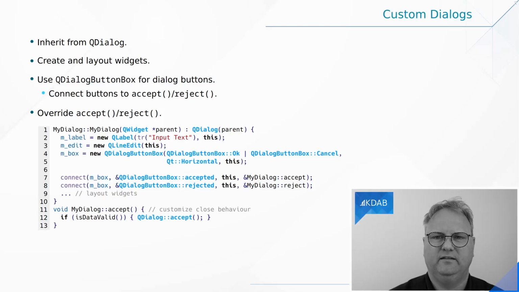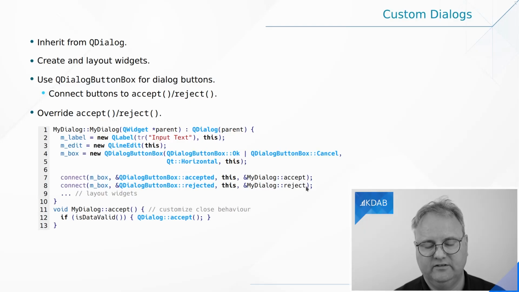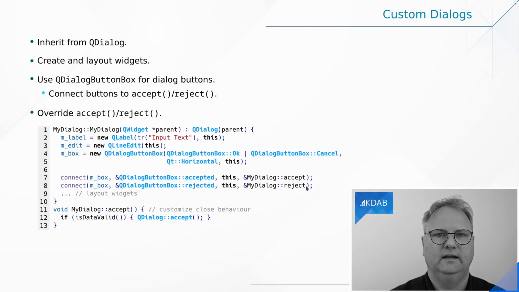So that would not emit that. But the reject slot or the reject virtual method of the dialog would still be called. So you need to override the reject to make sure that if there was something that you needed to undo in case the user did not accept the dialog, that would actually be undone.